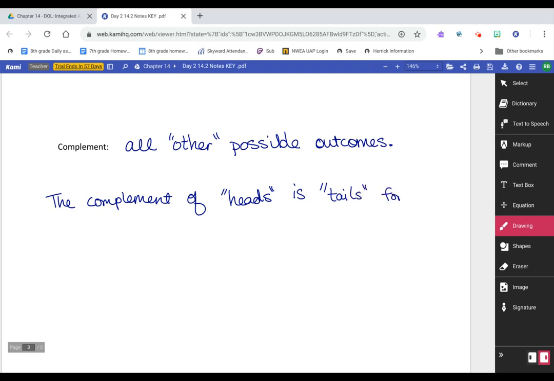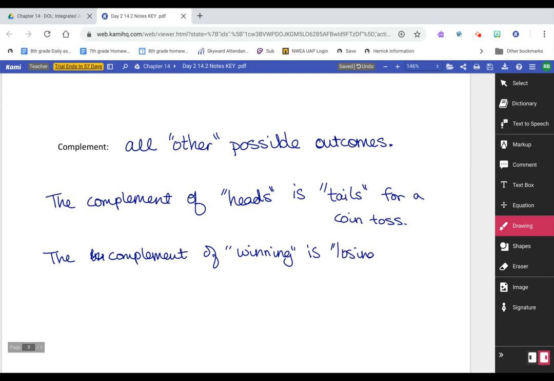You can say for a coin toss. And then the complement of winning would be losing. All right. So you understand, you get the point.